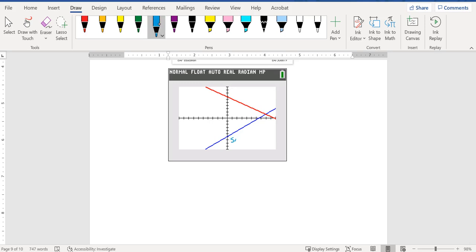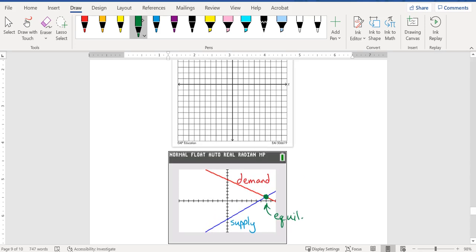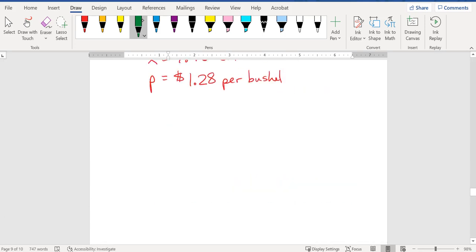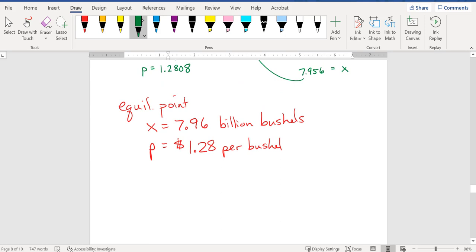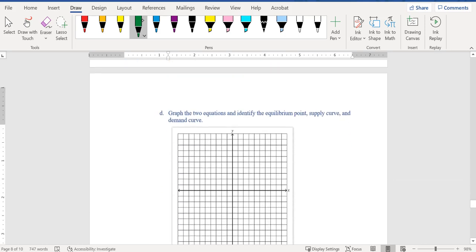This is the supply. The red will be the demand because it has a negative slope. And the equilibrium point is right here. And what was that value for the equilibrium? It should have been 7.96, 1.28.